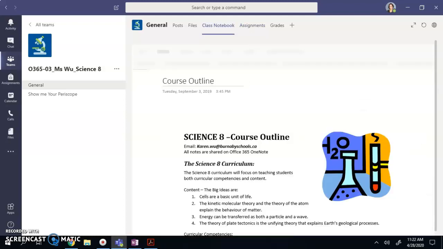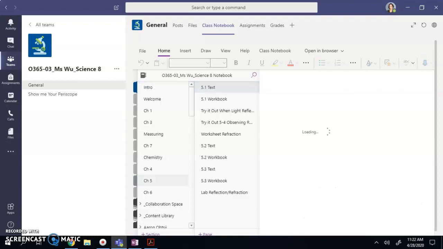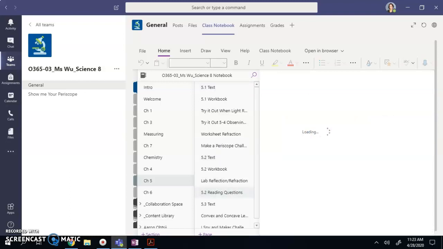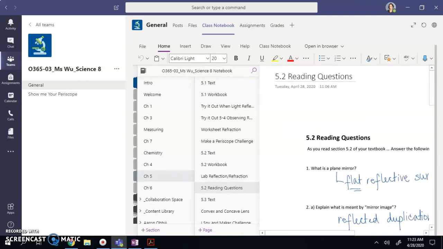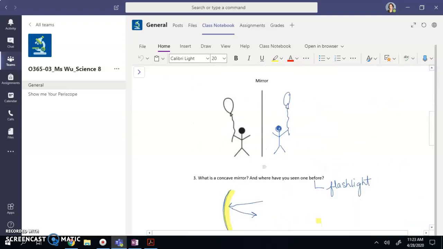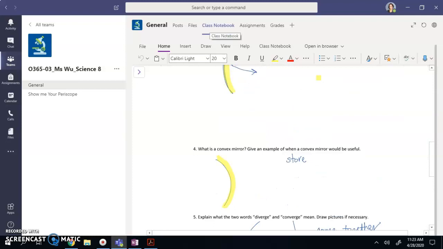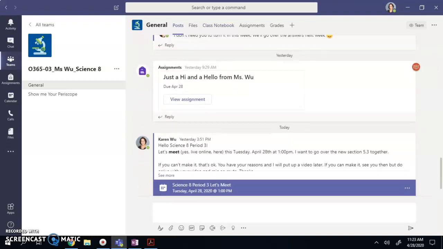So for example, I was just answering those 5.2 questions in my class notebook, which means those answers are here. So let me see, we're in chapter 5, 5.2 reading questions, and see the stuff that I had just been writing about, right? It's there. So the answers are there. Oh, look at that. So that is our class notebook. And of course, going back to the posts, this is where I would make announcements.